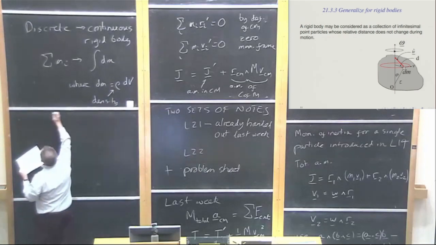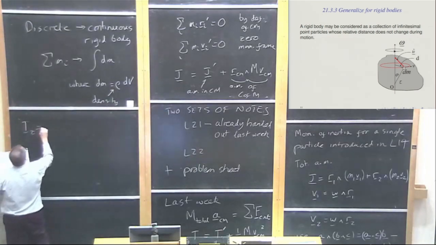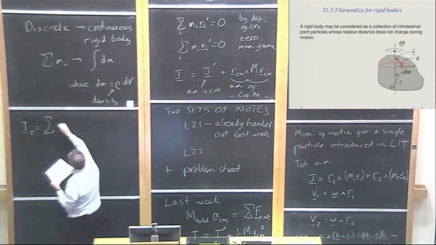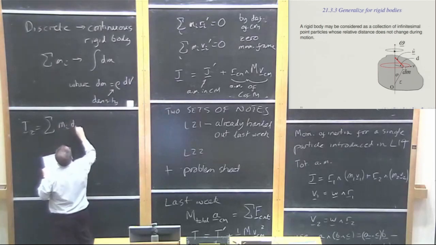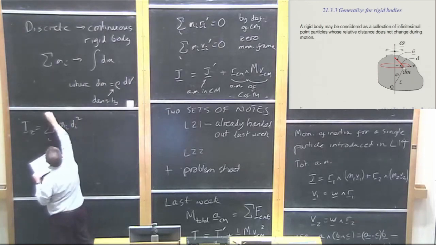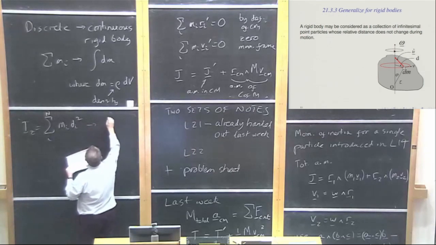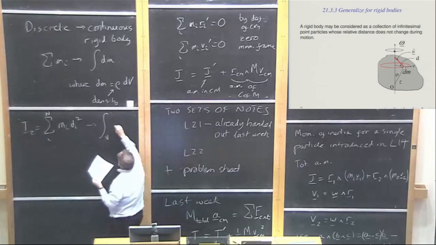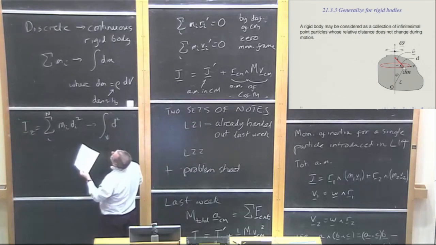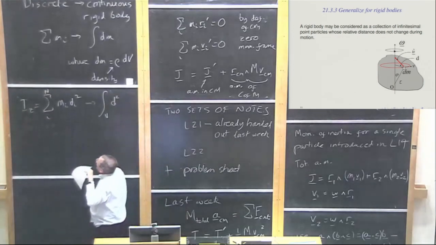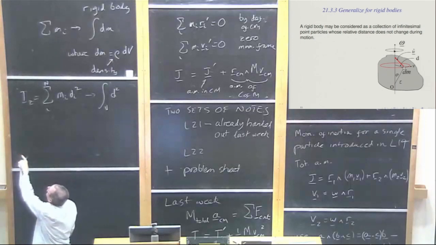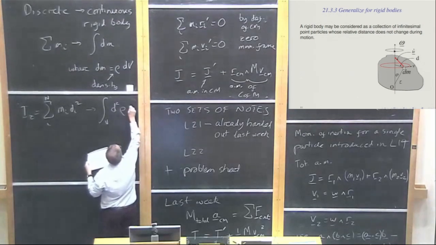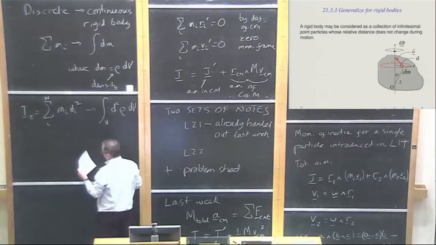And so this Iz, which we have seen for the discrete case, is the sum over mi di squared. That will become an integral over a volume of d squared, where d is the distance from the axis, the perpendicular distance to this element of mass, times rho times dv.